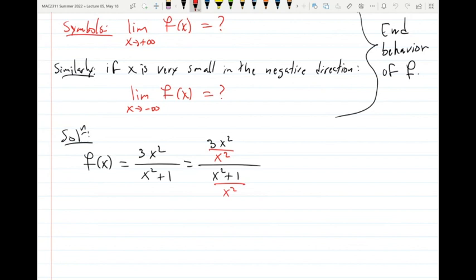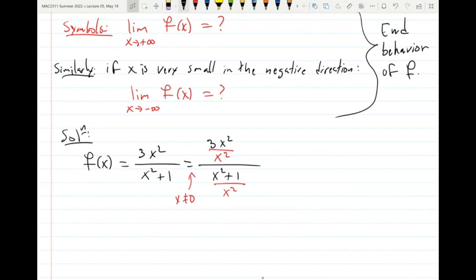We're trying to analyze what happens to this function when x is very big. So we're super far away from 0, right? I don't really care about what happens at 0 because that's not the question. I know at 0 this function is 3. But I want to know what happens when x is big. So as long as x is different than 0, this equality holds. And that's fine because we want to know what happens when x is big, anyways, in the positive or negative direction.